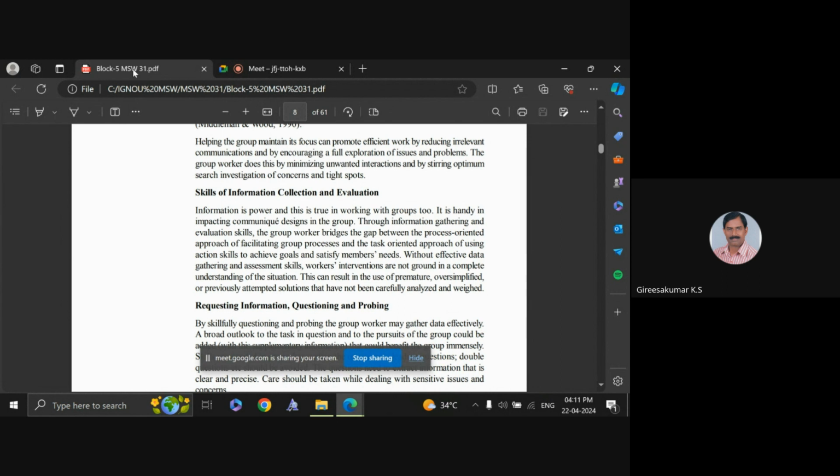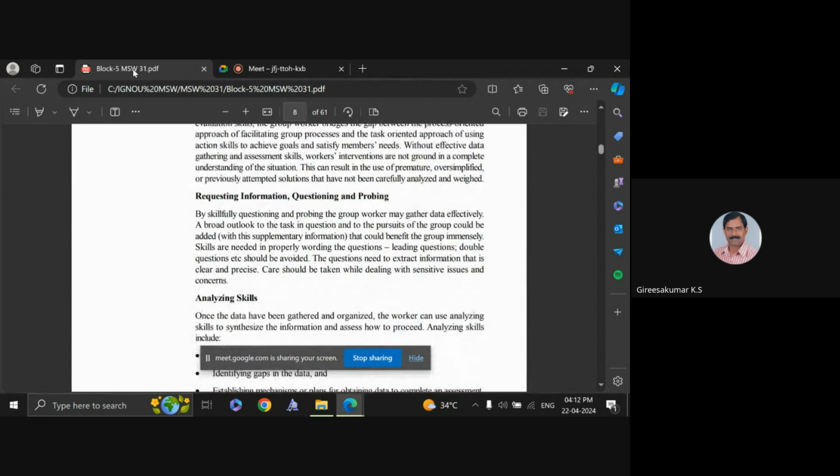Also, requesting information, questioning, and probing. There may be issues for probing. Probing means to investigate. He has to understand things. So for that, he has to probe into the issues and understand the real issues. So he has to probe, meaning inquire into the situation.